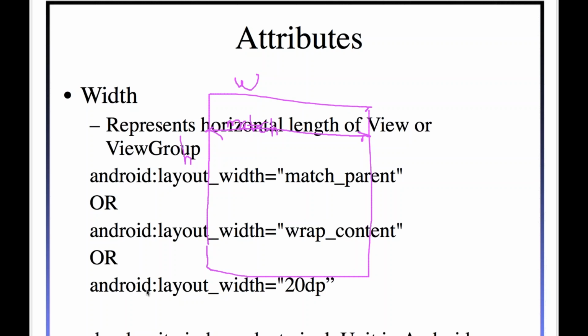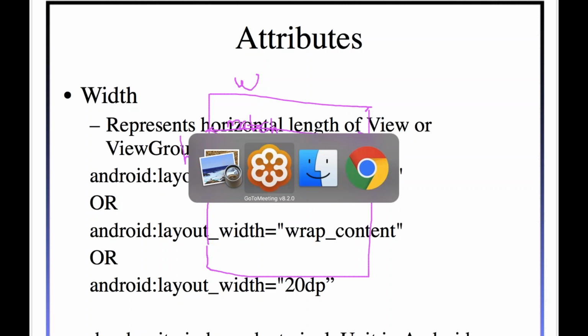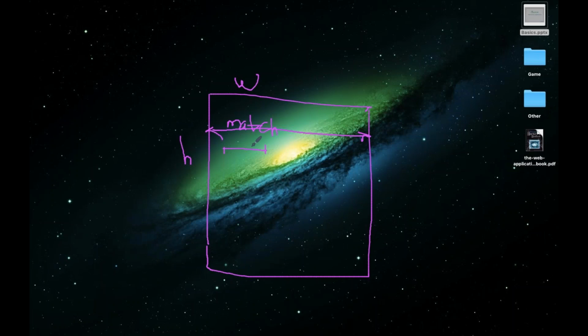Next, if I am saying android:layout_width equals 20dp, it means I am specifying how much width I require. Let's say this is 20dp. So I am assuming I am creating a view or view group with a width of 20dp.